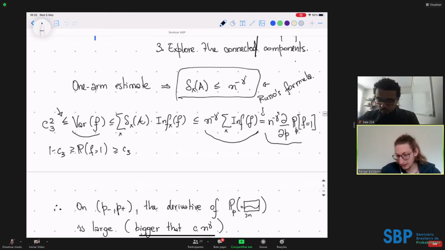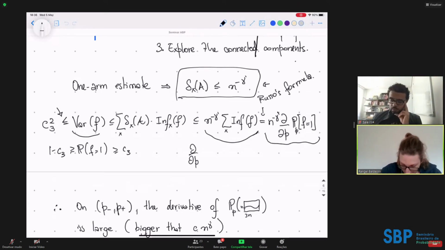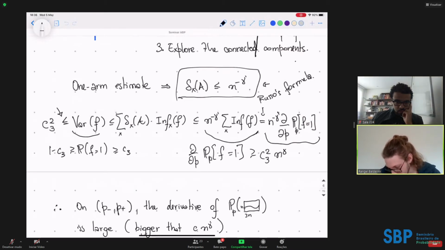And basically what this tells you is that in the critical interval, the derivative of this function grows polynomially, right? Because you have that the derivative here is at least C3 squared times n to the gamma prime.